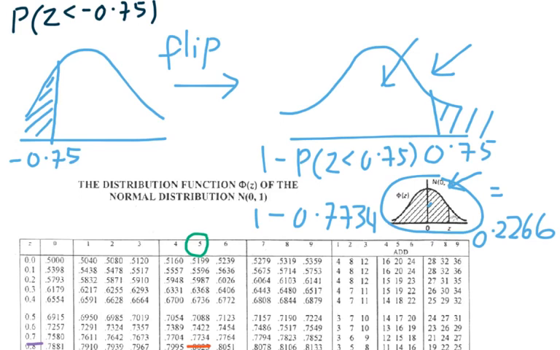So that is the probability for this shaded area, and it is the same with this shaded area. So that is the probability for less than negative 0.75.